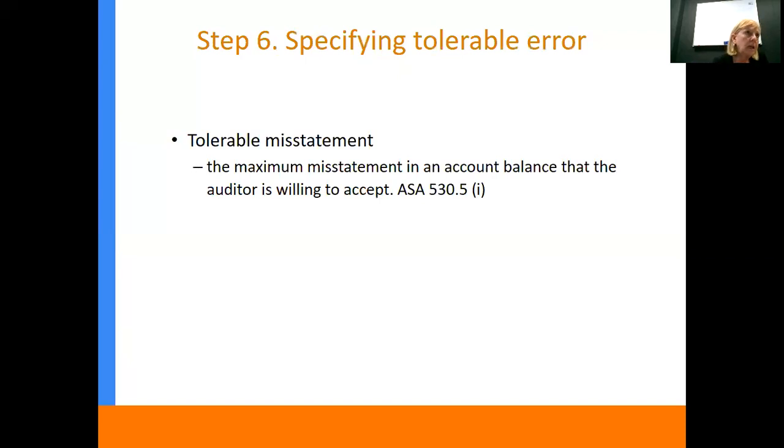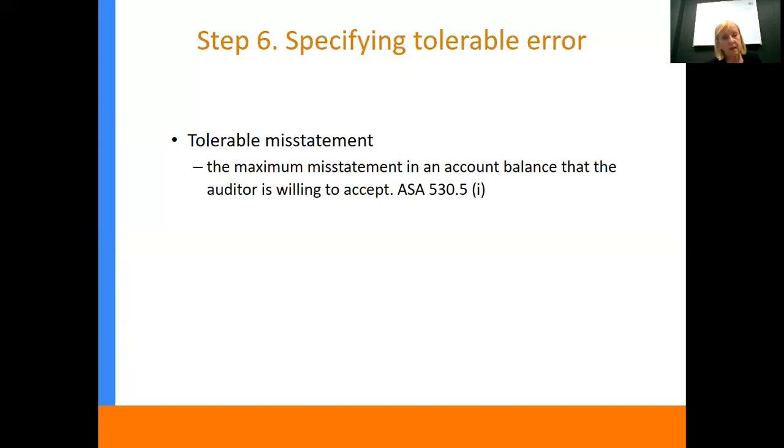So I've got to decide how much I am willing to let this balance or the control deviation rate go before I say it's materially misstated. So this is what the tolerable misstatement is. It's the maximum misstatement in an account balance that the auditor is willing to accept.